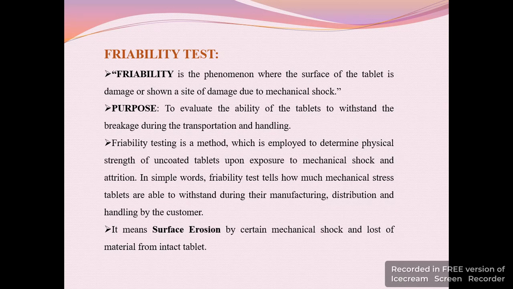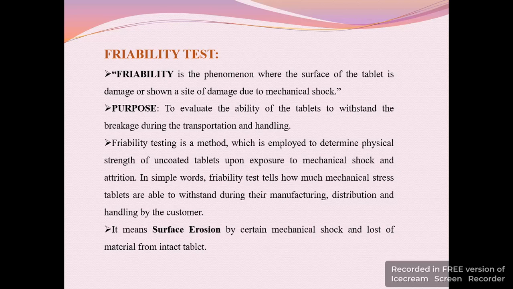In tablets, we check the mechanical strength, its breaking tendency during transportation and handling, to evaluate the ability of the tablet to withstand breakage during transportation and handling. And friability testing is usually employed to determine the physical strength of uncoated tablets.